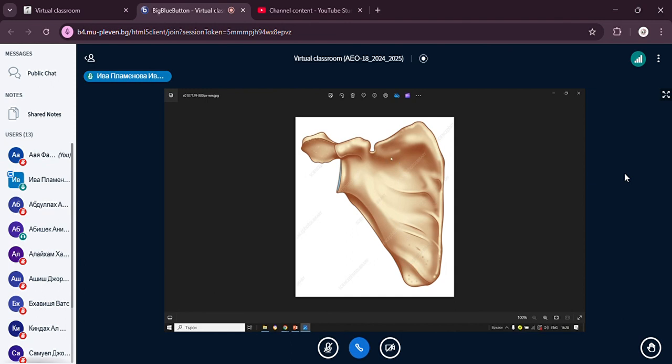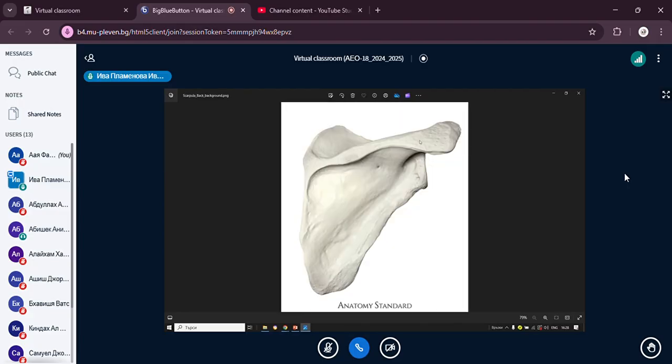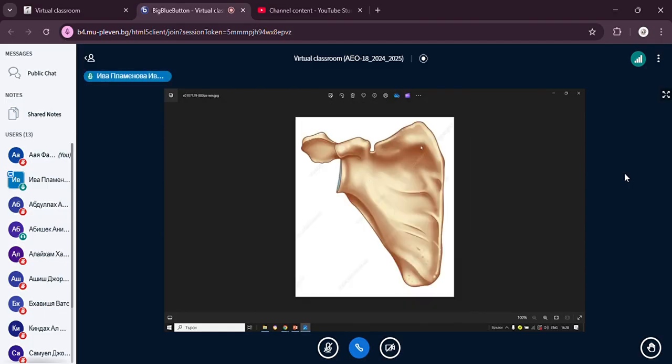So from the ventral view, we have only one fossa, fossa subscapularis. From the dorsal view, we have the spine of the scapula, which divides this surface into two parts, fossa supraspinata and fossa infraspinata. On the anterior side, we have only one big fossa, fossa subscapularis.